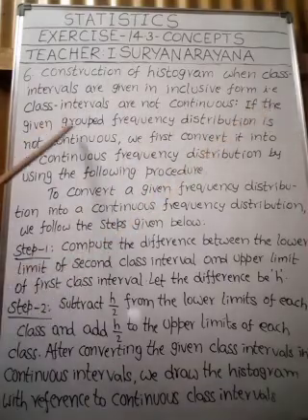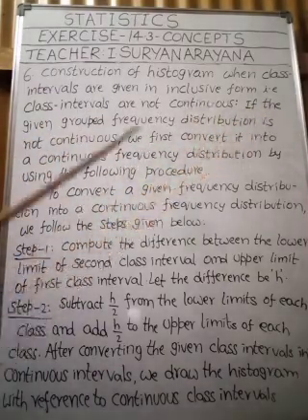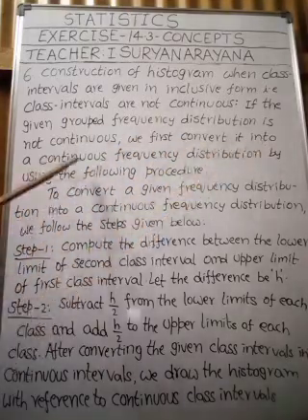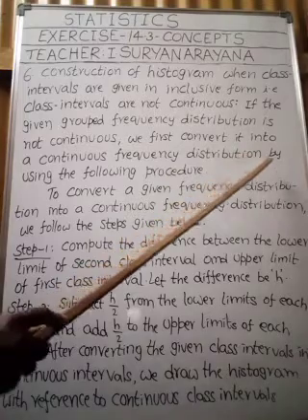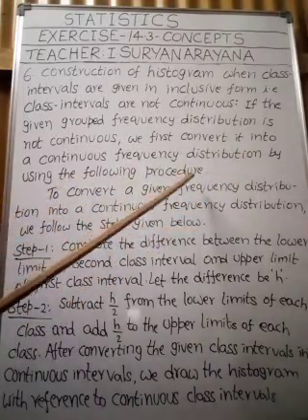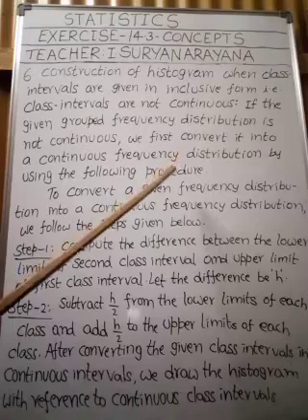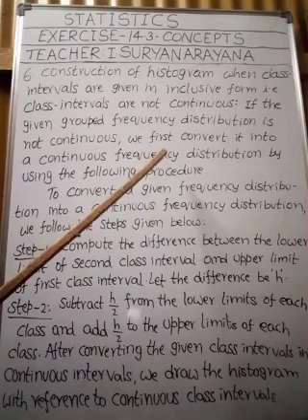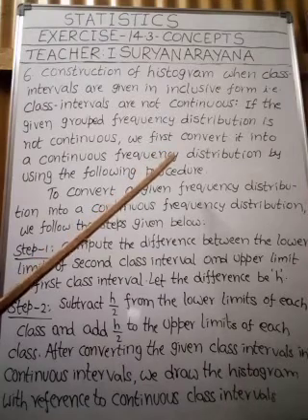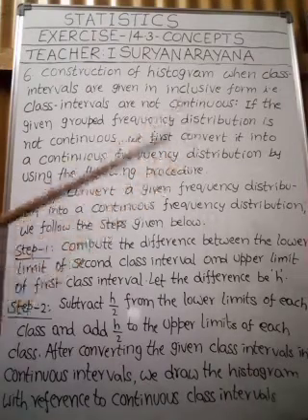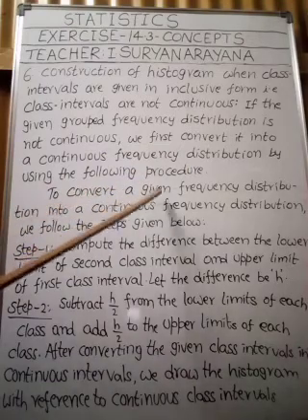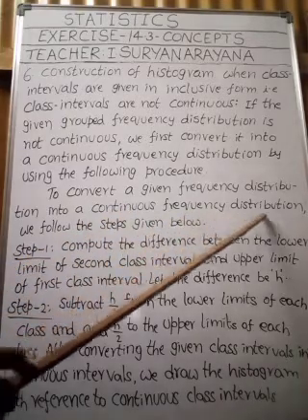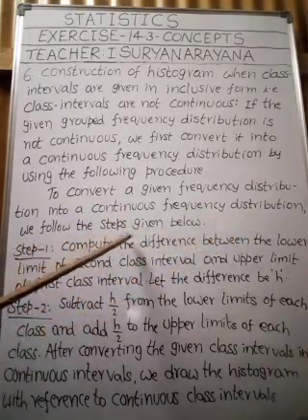If the given grouped frequency distribution is not continuous, we first convert it into a continuous frequency distribution by using the following procedure. To convert a given frequency distribution into a continuous frequency distribution, we follow the steps given below.